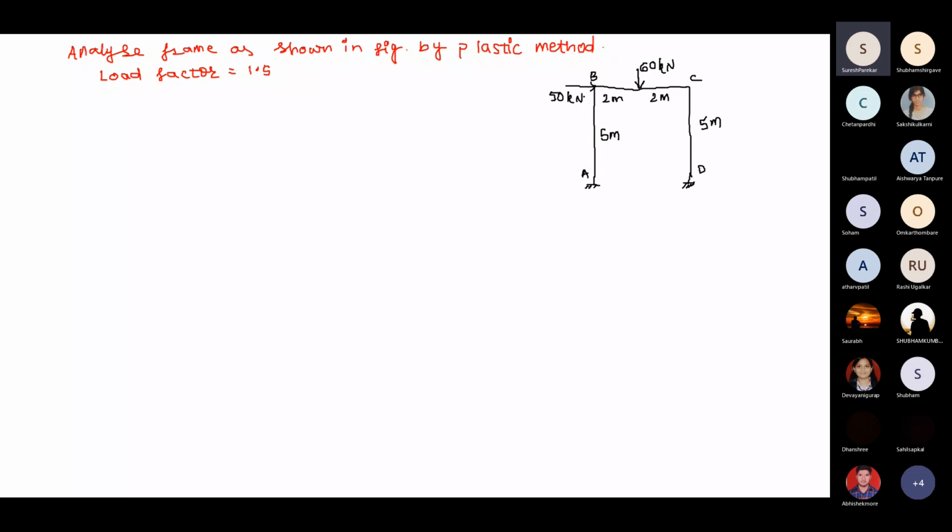Now load factor means we have to multiply these values by load factor.